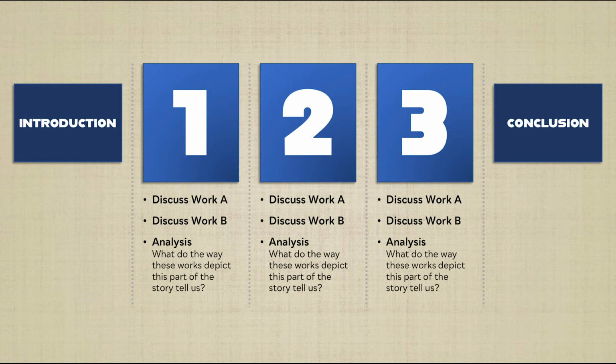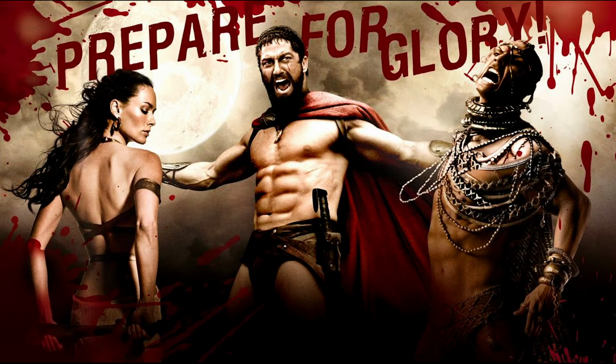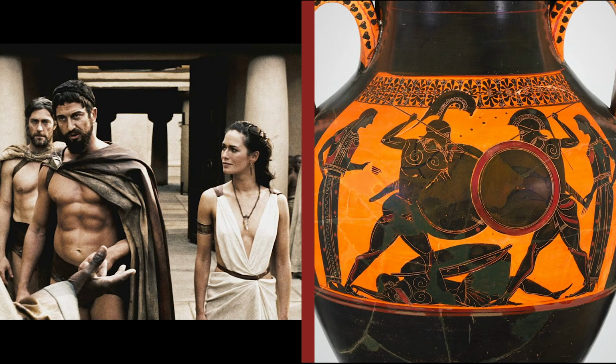Be specific, detailed, and analytical. For the film option, choose 3 moments from the film or depictions of a character that are also present in the primary source. And for each moment or individual, compare what the film is trying to say about it with what the writer of the primary source wants you to think.